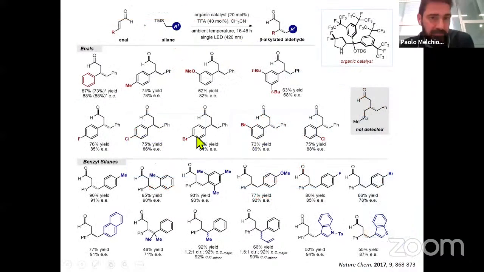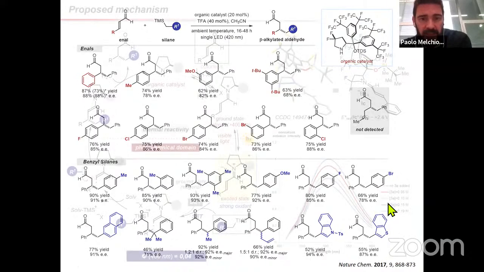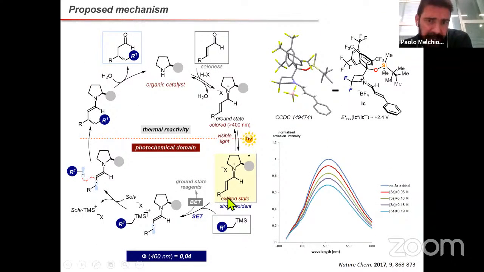What we can do with this chemistry, we could include a benzyl group in the different cinnamaldehyde derivatives. The limitation is that if you use an aliphatic substituent on the alpha-beta unsaturated aldehydes, we shut down completely the photochemistry and the chemistry is not working. We could also use different types of organic silanes as radical precursors. The mechanism, the main role is played by the excited iminium ion, that is a strong oxidant, can take out an electron from the organic silane.